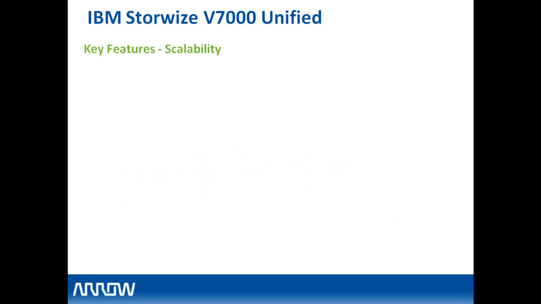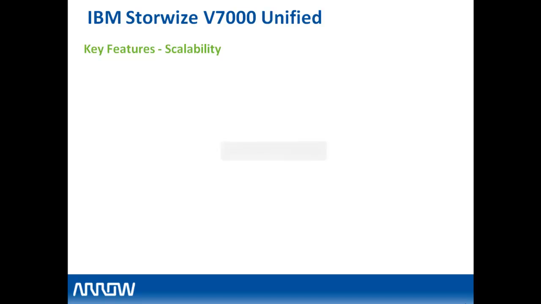Scalability is at the core of the V7000. It's one of its biggest USPs and one of the main reasons companies buy into the V7000 as a real long-term strategic storage strategy. The reason for this is the V7000 has the capability to scale in two different directions, both horizontally and vertically.